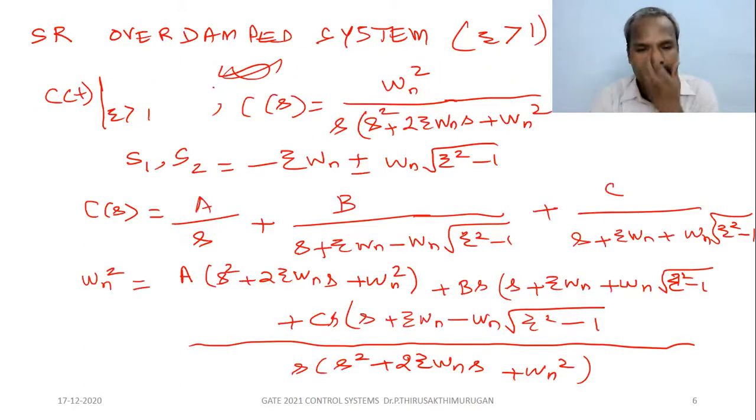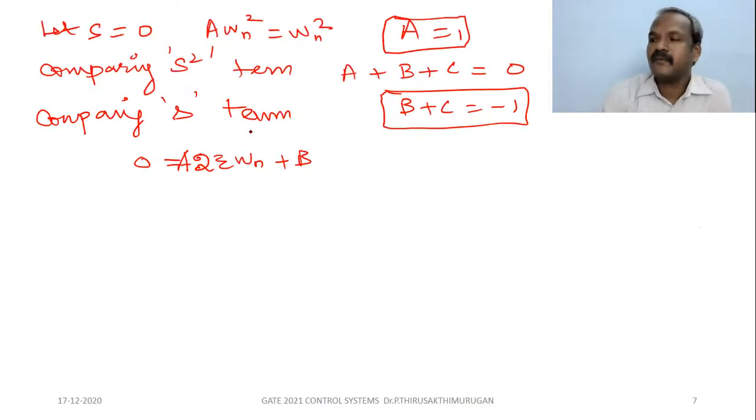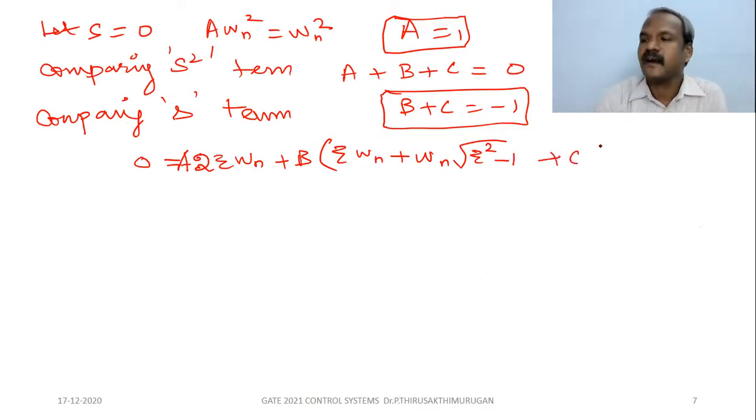See here, comparing A times 2 zeta omega n. Here B times zeta omega n, B of zeta omega n plus omega n square root of zeta square minus 1, plus C of zeta omega n minus omega n square root of zeta square minus 1.